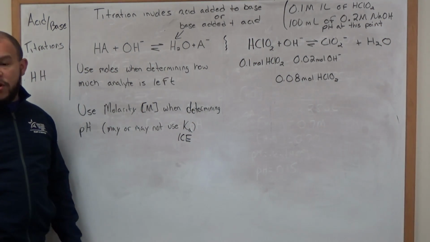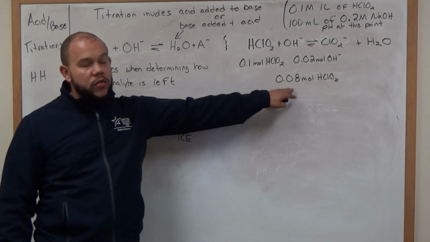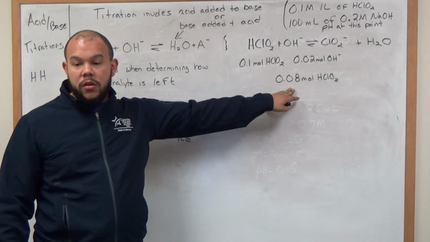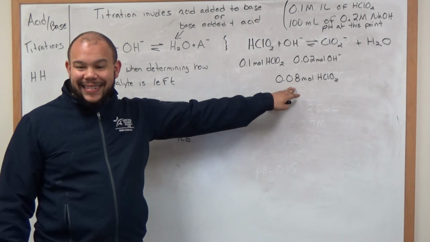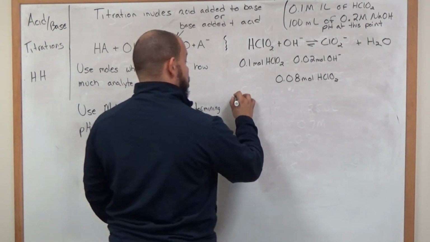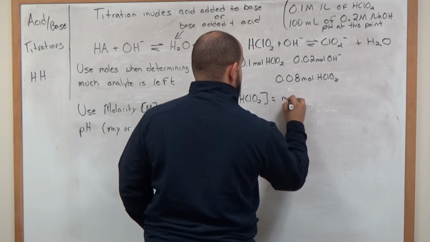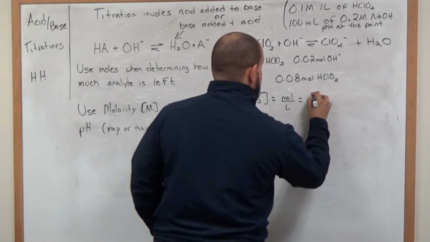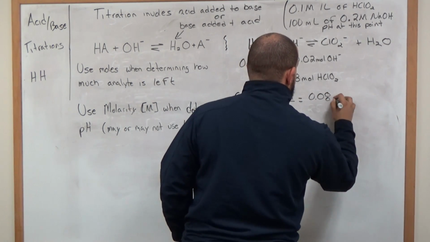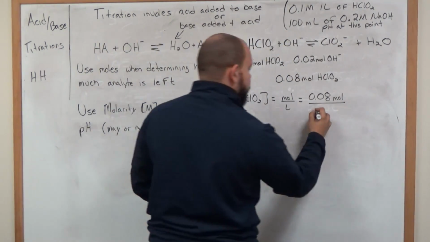We need concentration. To get concentration of our particular acid, we need moles over liter, which is equal to 0.08 moles over, how many liters do we have? 1.1.